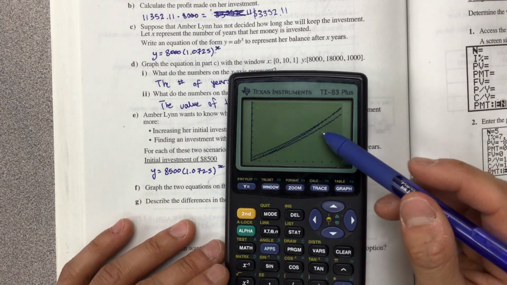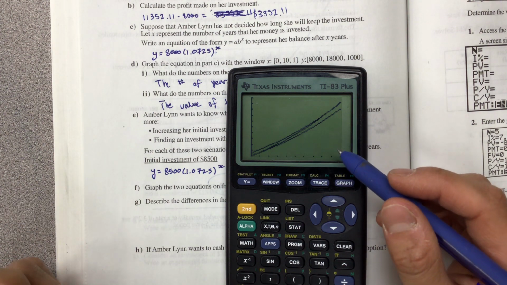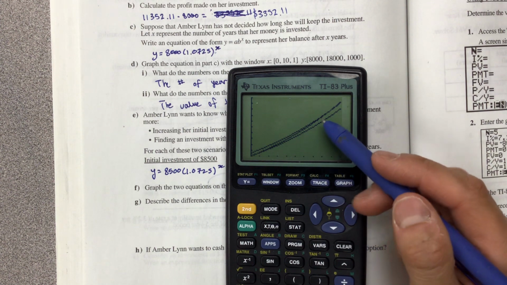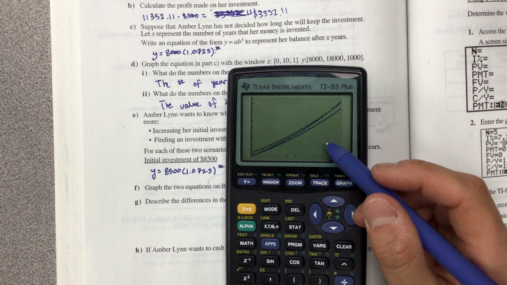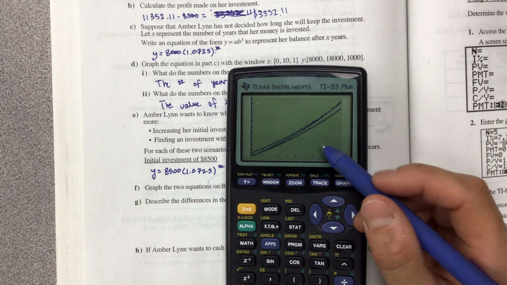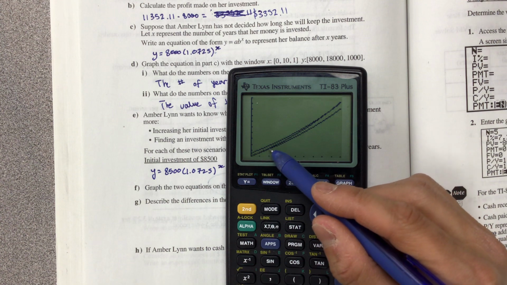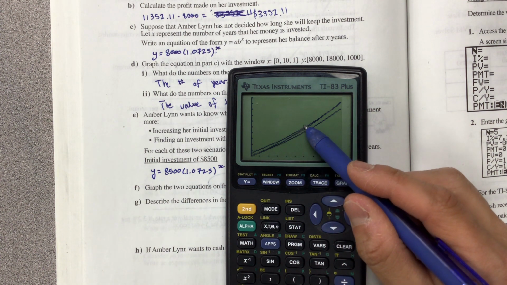And so right now, I'm going to have to probably zoom out a little bit, but right now it's appearing that the graph that has a larger initial amount starts out with a bigger value. But when we have the larger interest rate, this one tends to increase faster. So here's where it starts to increase faster, at this point here.